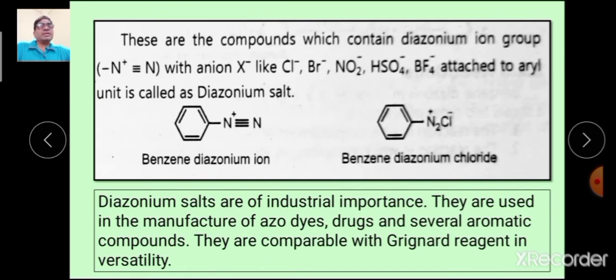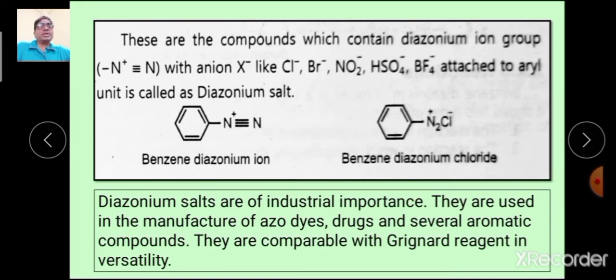Okay, these are the compounds. They contain the N2 plus group, that is N plus triple bond N with X as an anion, that is X minus, and that X minus may be Cl minus, Br minus, NO2 minus, HSO4 minus, BF4 minus, which is attached to an aryl unit, and it is called diazonium salts.